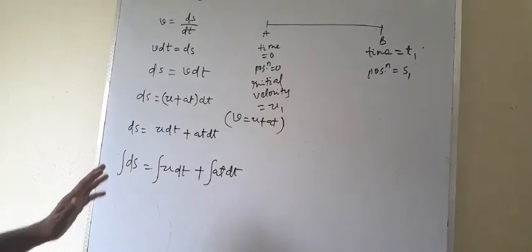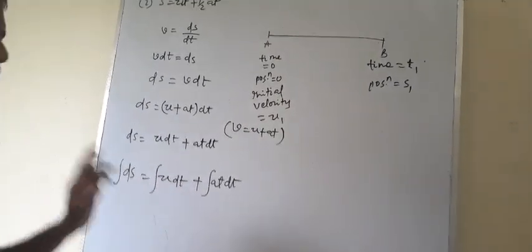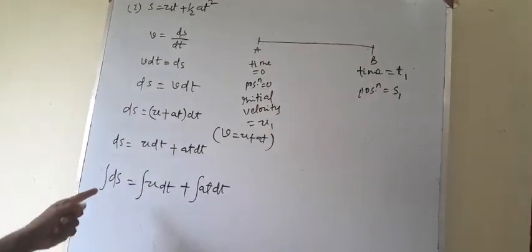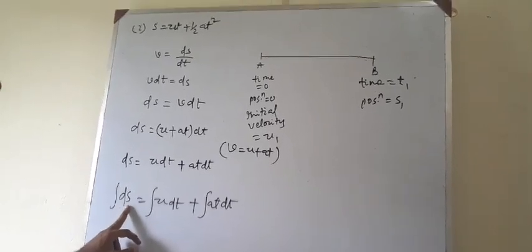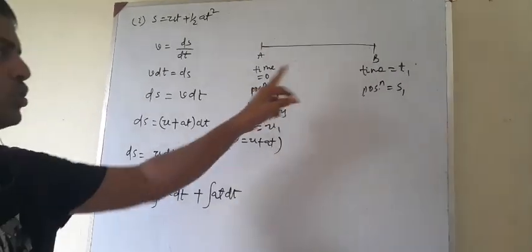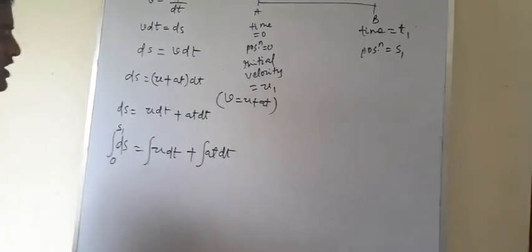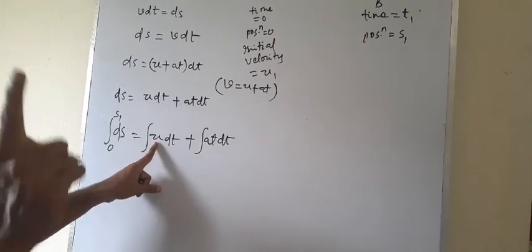Now how to put the upper limit and lower limit? To do this, I have to go to the diagram and choose what the variables are. In the first term, the variable is position. Position is changing from 0 to s1, so my lower position is 0 and upper position is s1. Similarly, u is constant because initial velocity is unique.